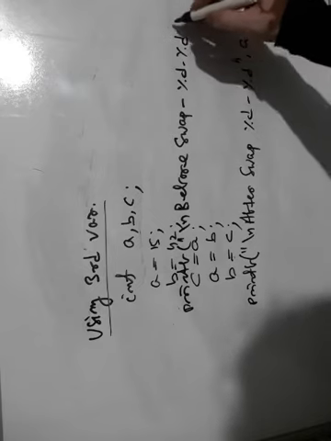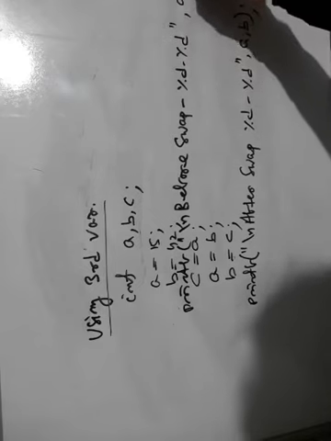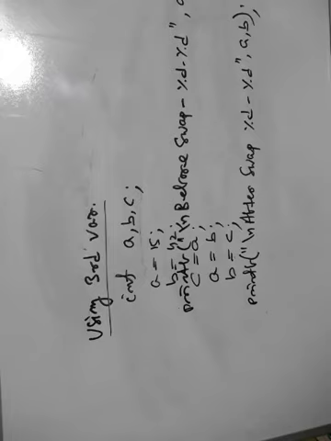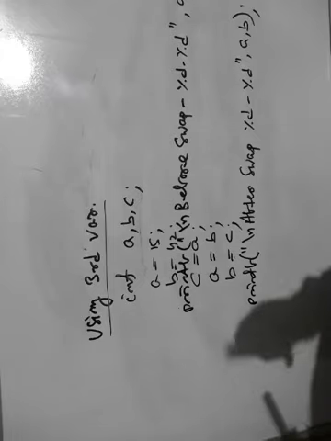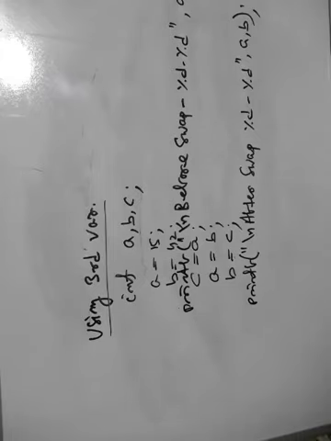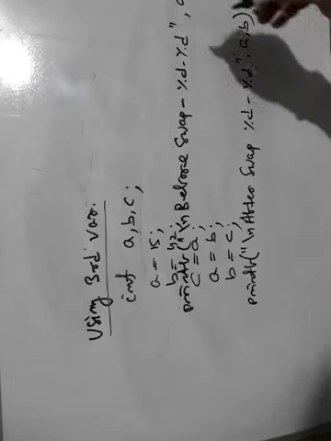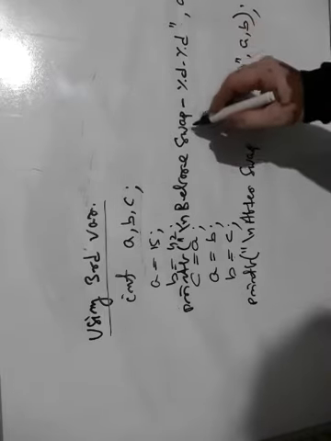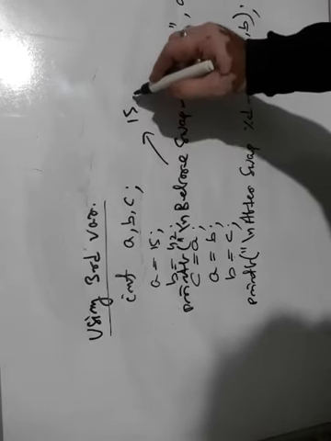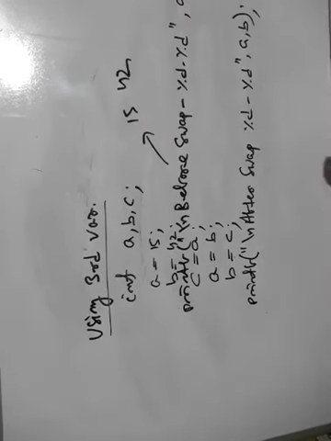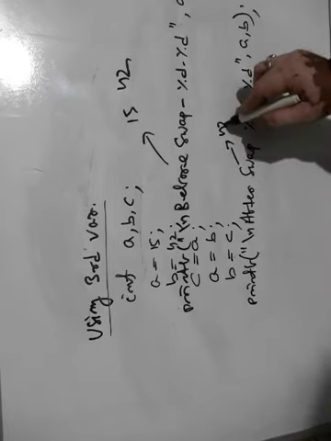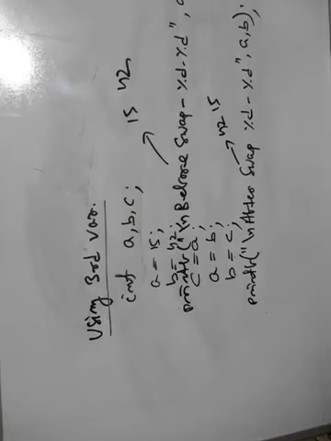So I can do it like this also: before swap, %d A comma B. In this case, it will print 15 and 42. And after the swap is done, it will print 42 and 15. So this is how the code can be written in C programming for the third variable concept.